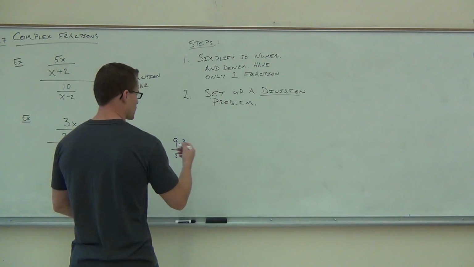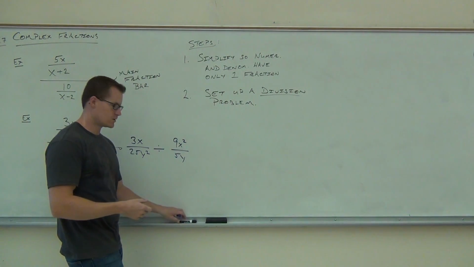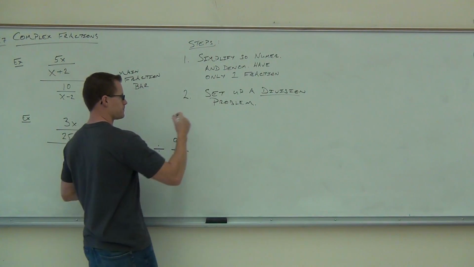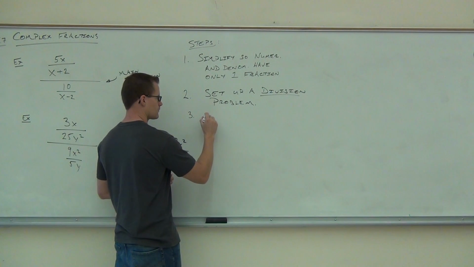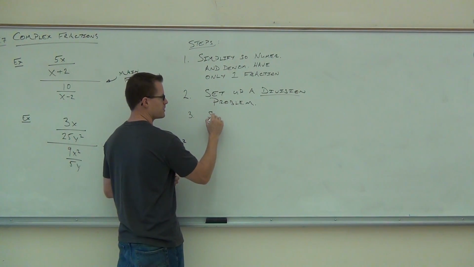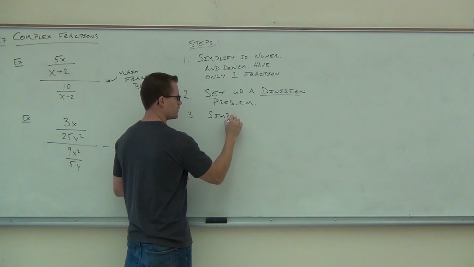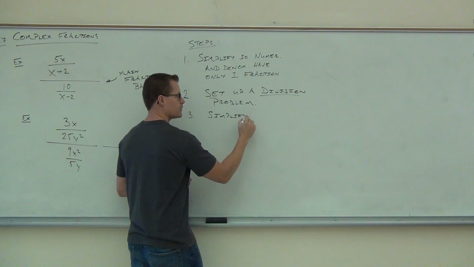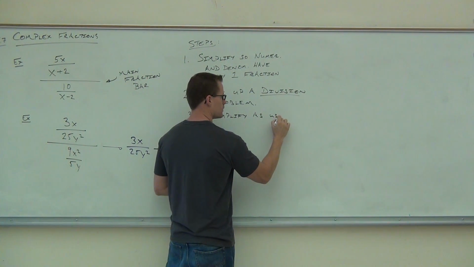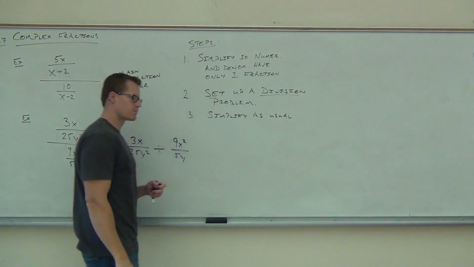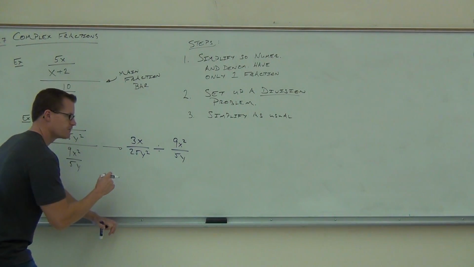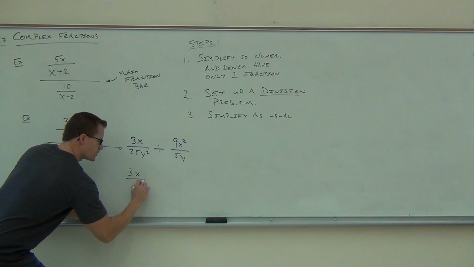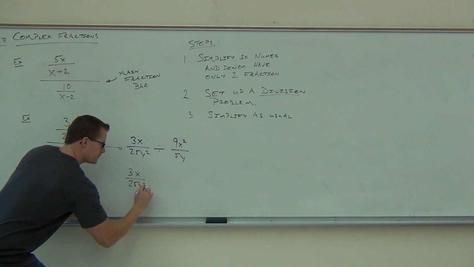So now step 3 is you're just going to solve this like you normally would. Or simplify, I suppose would be the better word. Simplify as usual. If you remember what we did with division, we flipped the second fraction, which you already told me about.